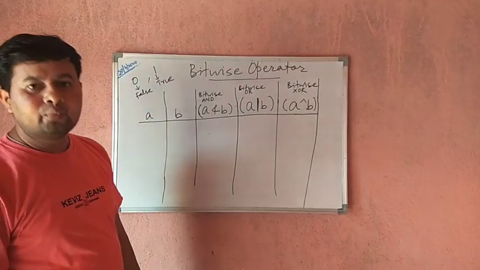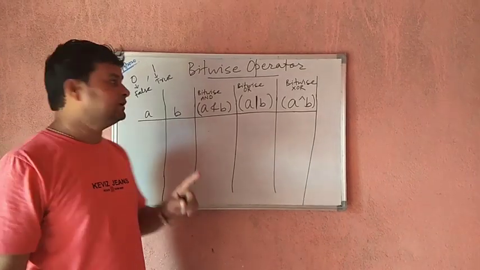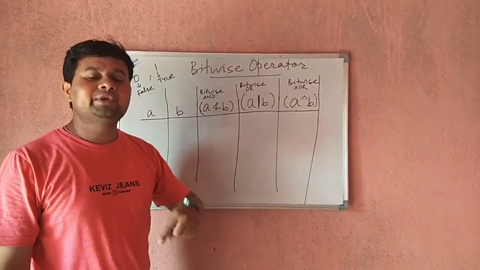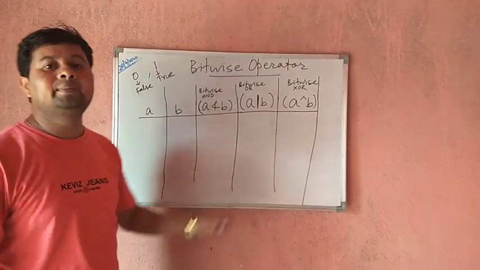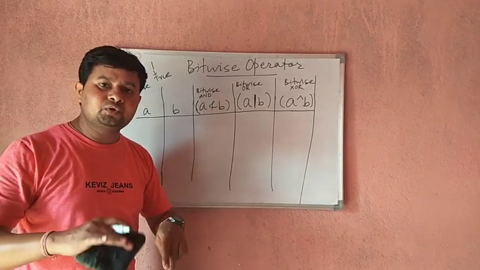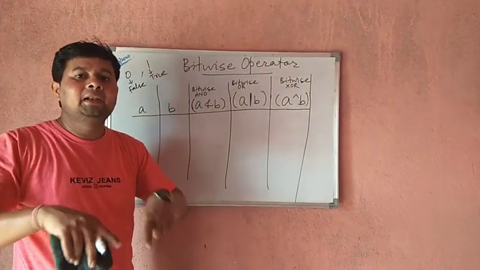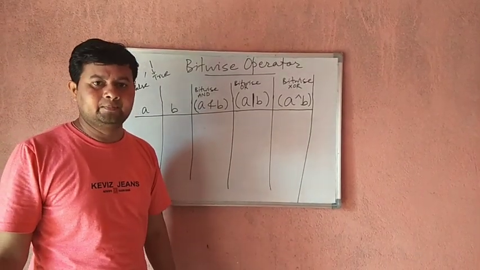Now we'll talk about a table which represents these 0 and 1. These 0 and 1 will be input, and based on that we get the output. This complete table is called a binary table or truth table.